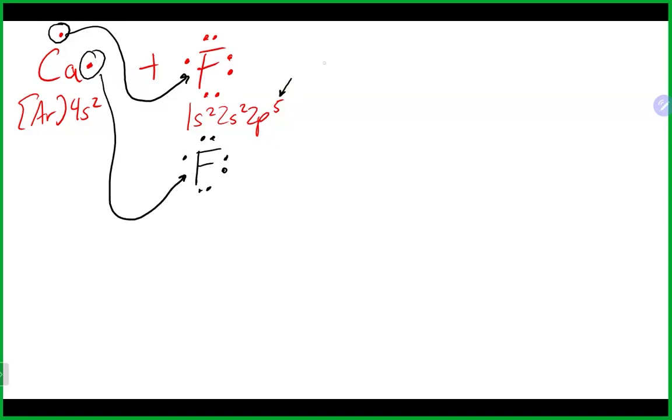The result of this is you will end up with a calcium that has a +2 charge because it gave away one electron to each of the fluorines. You will have one fluorine that picked up just one electron. I'll just circle it. You don't need to circle it, but I will for this purpose. And it becomes a -1 charge.